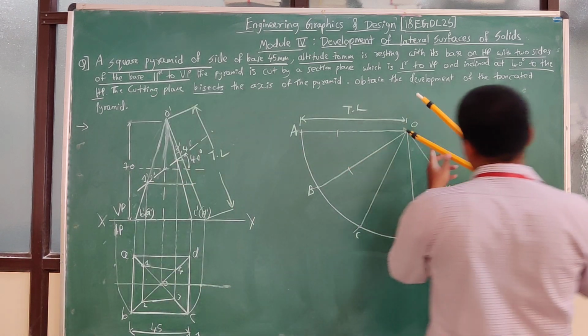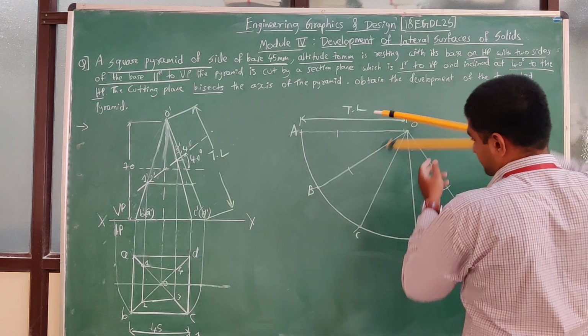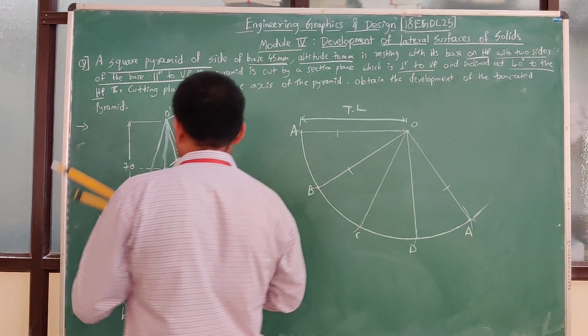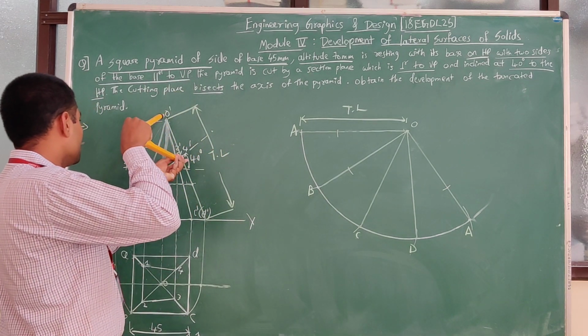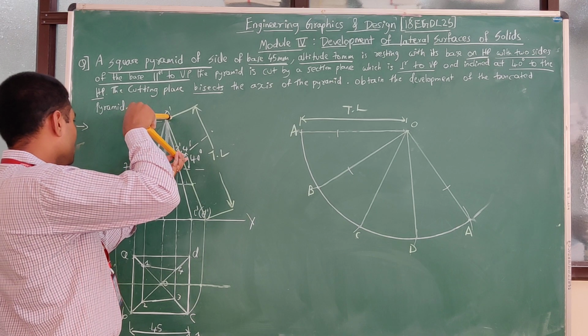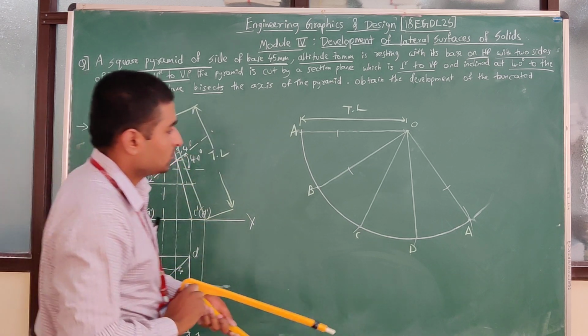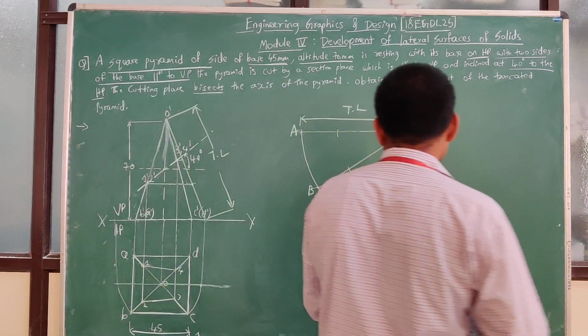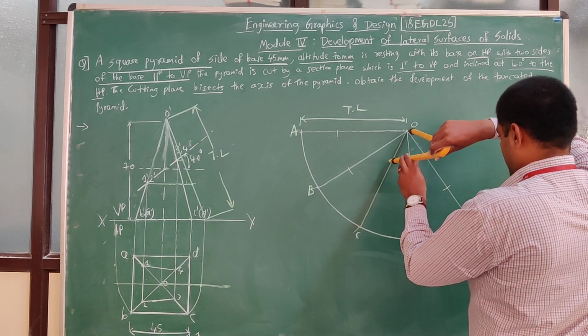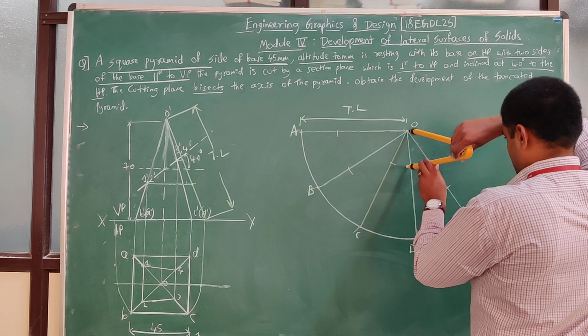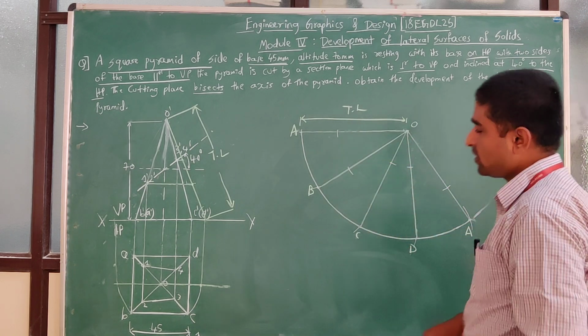So on C and D, just measure the distance, and then you can easily connect it, because both the lengths are the same.